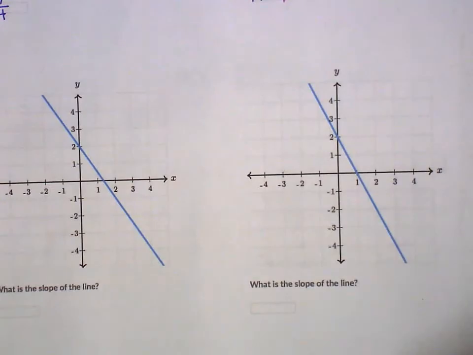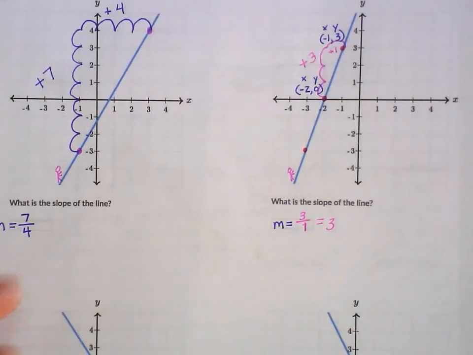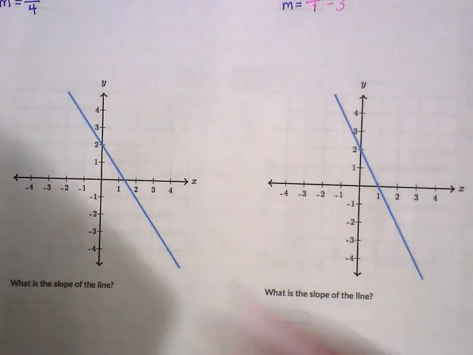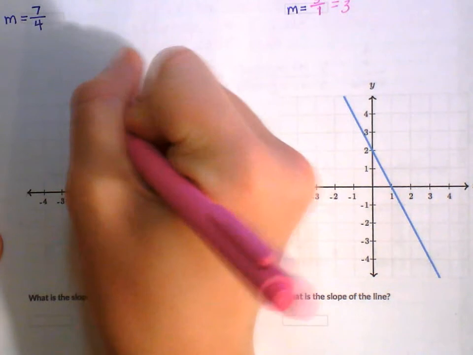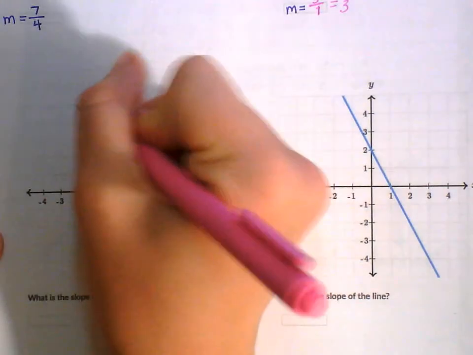All right, so the next 2, they're going the other direction now. So what does that mean if they're going the other direction? Well, what it means is Miss Fry is up here and we're running. She's happy because we're running downhill now.